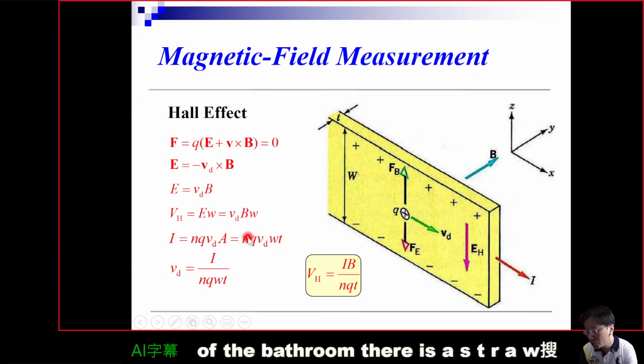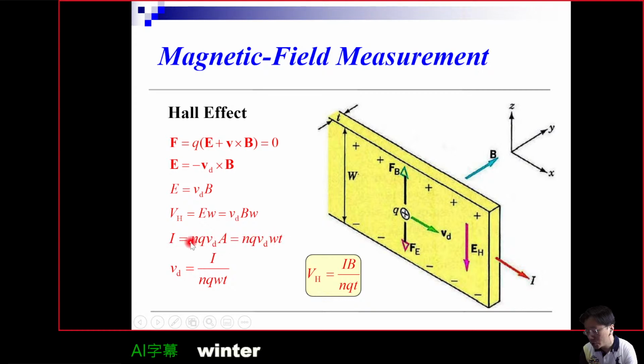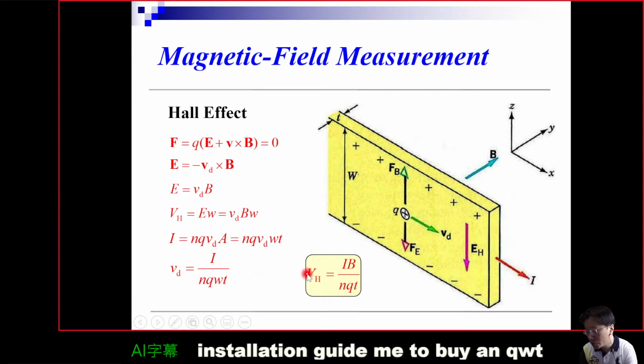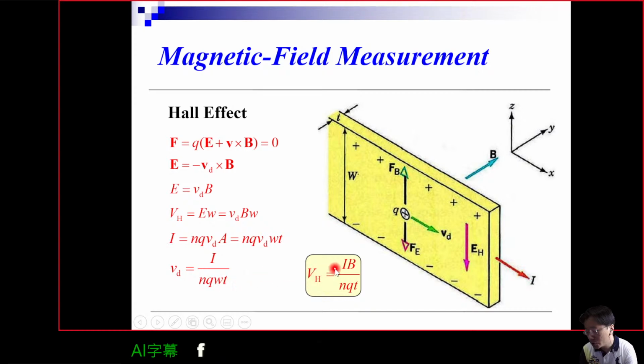So if we move this equation here and insert I into this equation, we will get Vd is equal to I by NQWT, and therefore we know the VH would be equal to IB by NQT. This is a very simple equation.